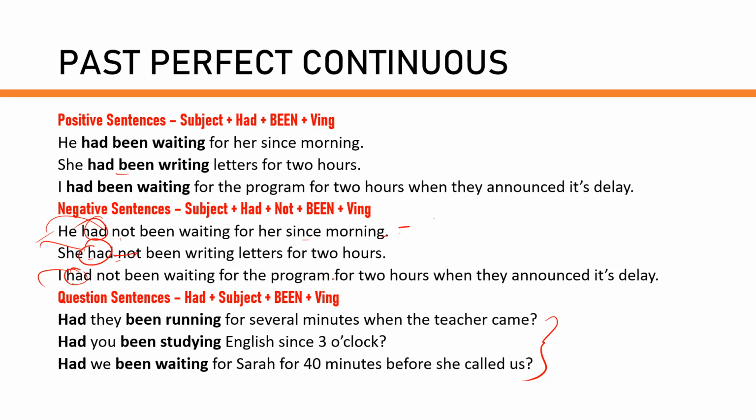Had I been waiting for the program for 2 hours when they announced its delay? Now अगर नेगेटिव लगाना है तो had they not been waiting for her since morning, had she not been writing letters for 2 hours, had I not been waiting for the program for 2 hours when they announced its delay.